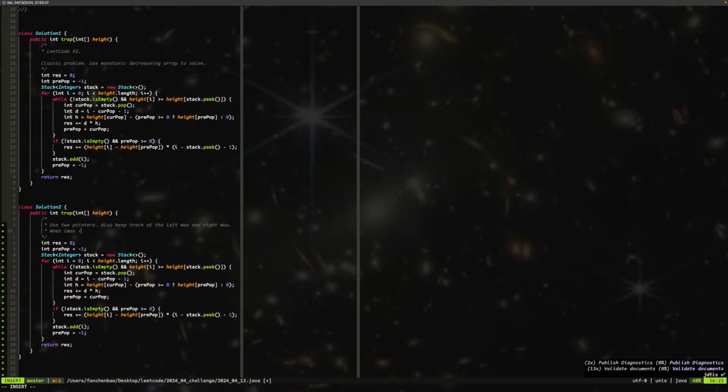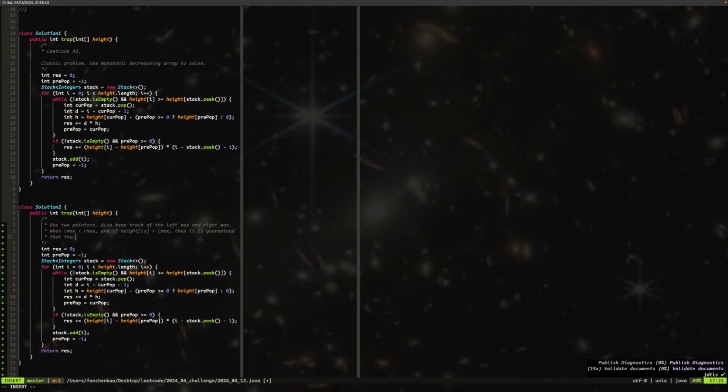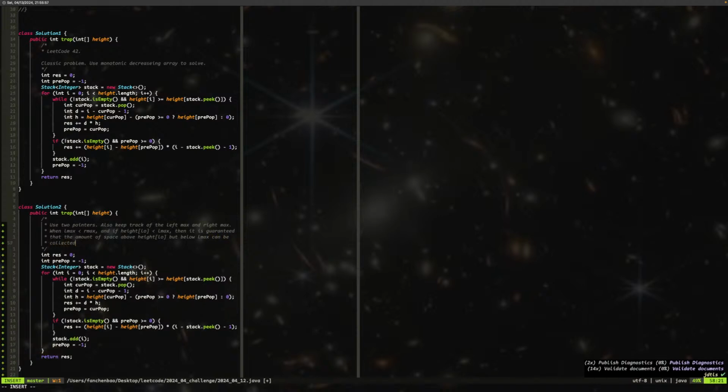When left max is smaller than right max, and if the height at low is smaller than left max, then it is guaranteed that the amount of space above height low but below left max can be collected as rain.